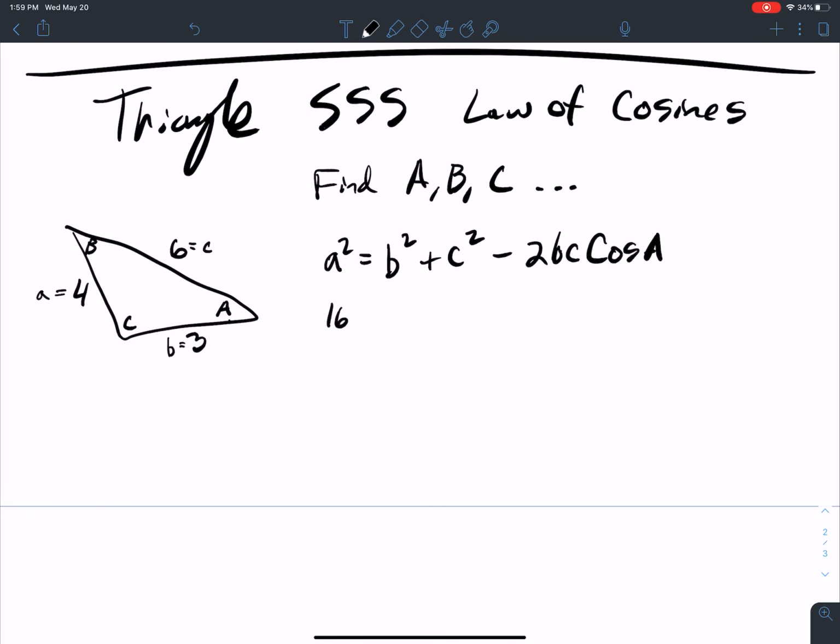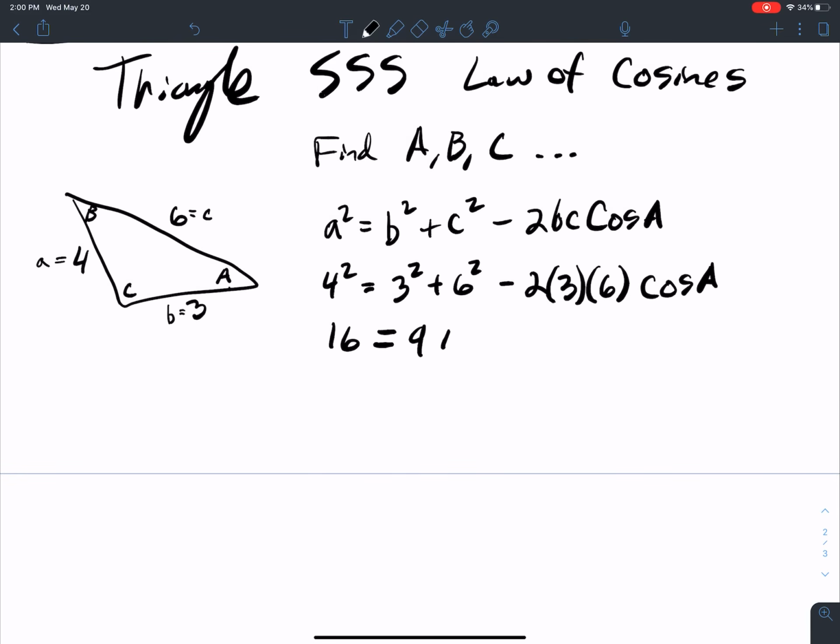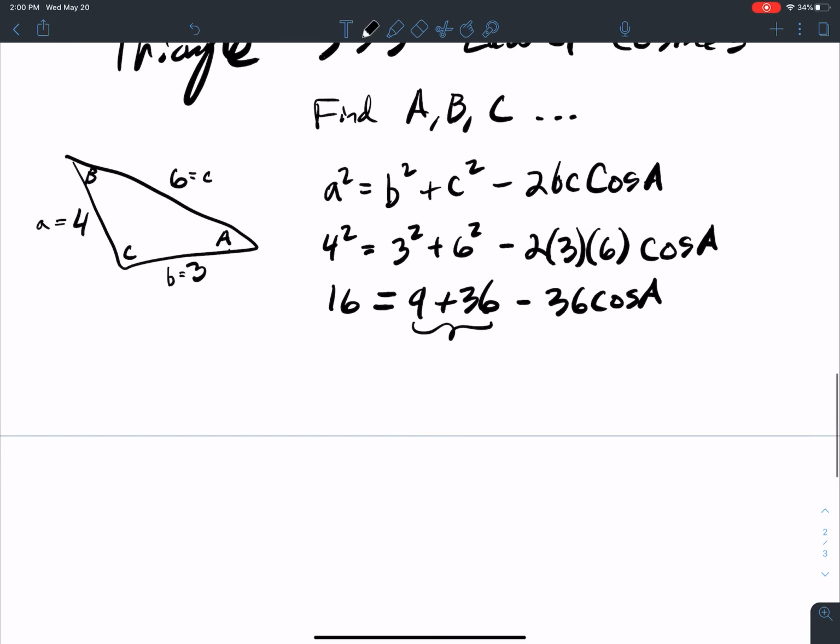So that's 16 equals, so let me not skip too many steps. So 4 squared equals 3 squared plus 6 squared minus 2, and then 3, and then 6, and then cosine A. So 16 equals 9 plus 36 minus 36 cosine A. So this is going to get me 9 and 36 make, what does that make?